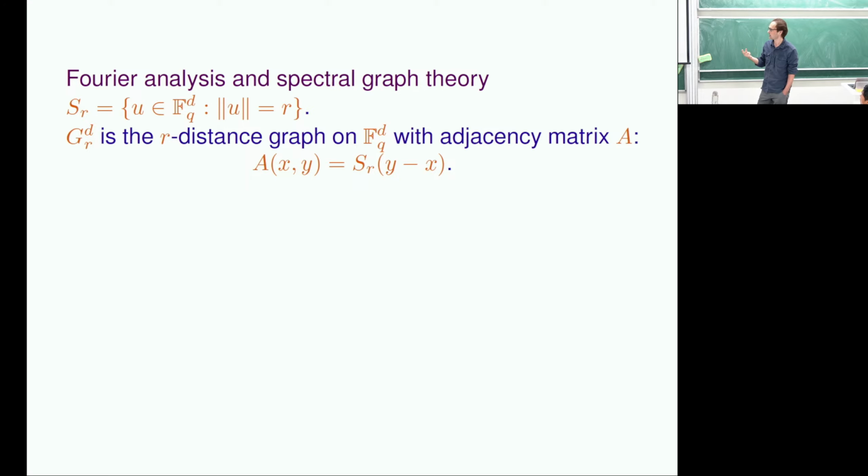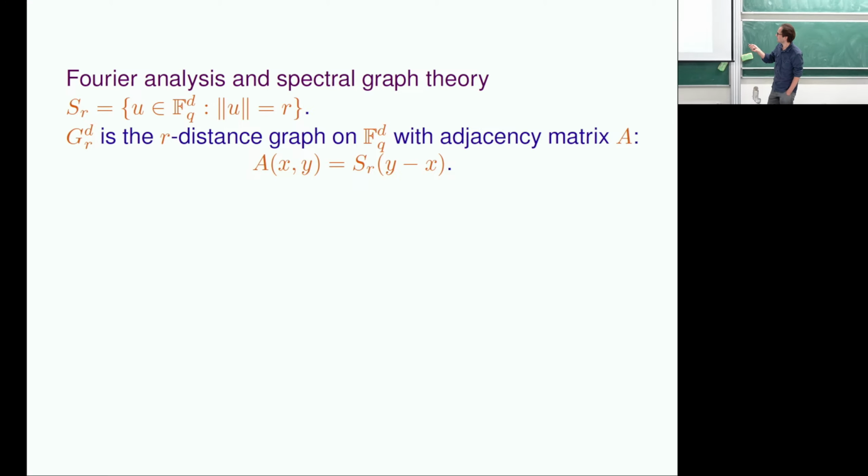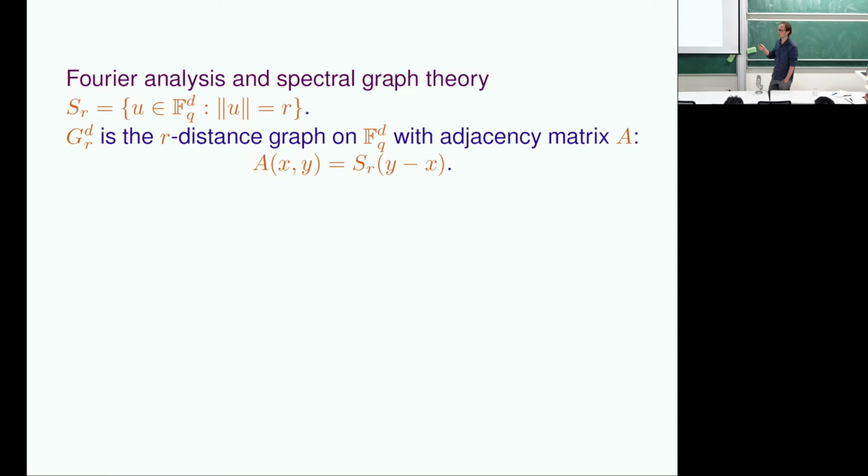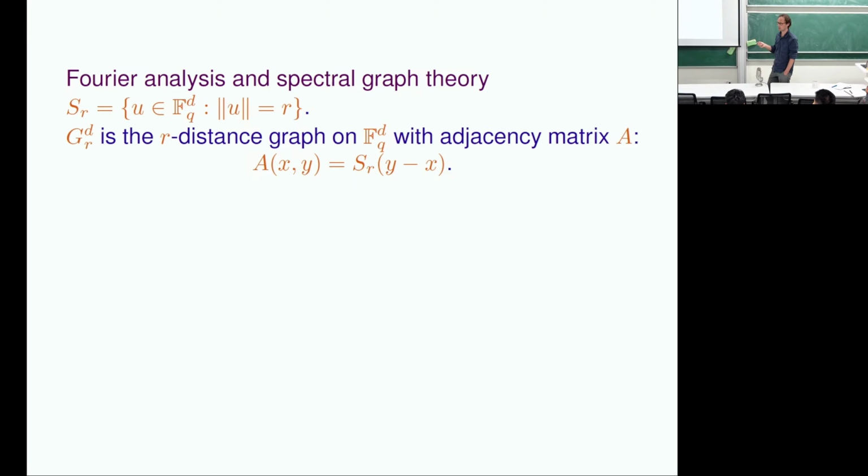And there's an edge between x and y if the distance between x and y is equal to r. And I'm using the same notation for the set and the indicator function for the set. So that's what the notation is.